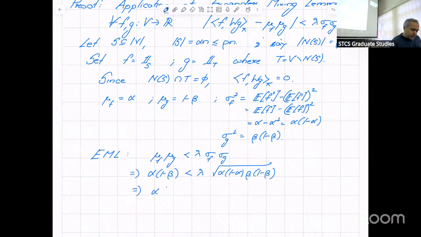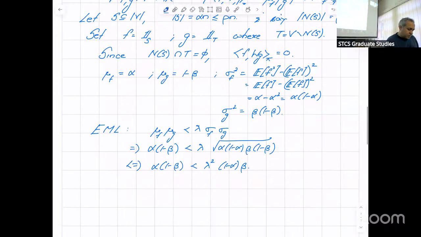So this is just alpha into 1 minus beta is less than lambda square 1 minus alpha into beta. So this is true if and only if beta, I'm going to collect all the terms of beta. So beta is an alpha beta, take it there.